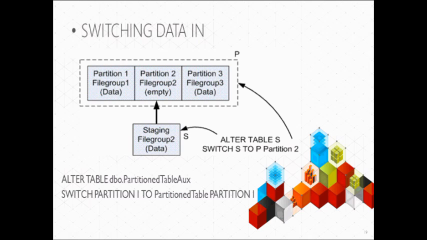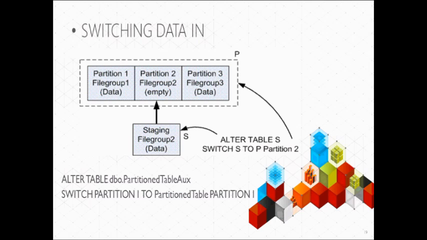The table to be switched in requires one or more constraints because it can only have partition column values that match the empty partition's allowable range. It's a best practice to create the indexes on the standalone staging table first, then add the required check constraint, because creating the indexes first allows SQL Server to use the indexes to validate the check constraint. If the indexes are missing, SQL Server will have to scan the whole table to validate the check constraint.